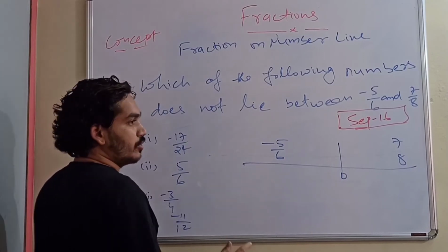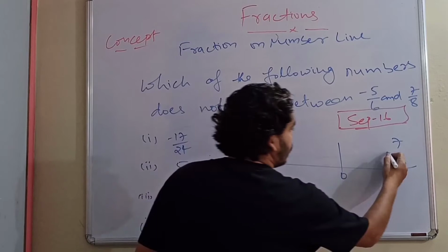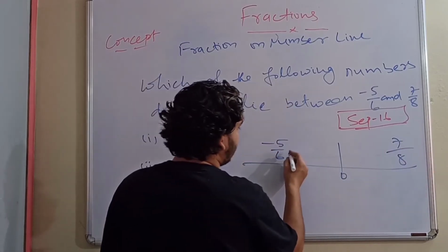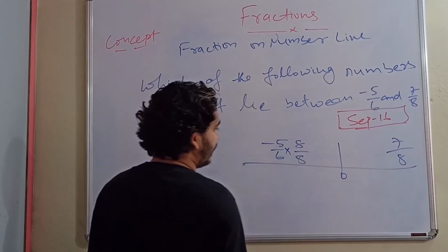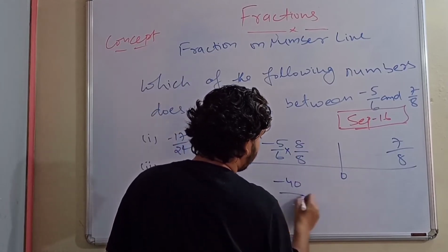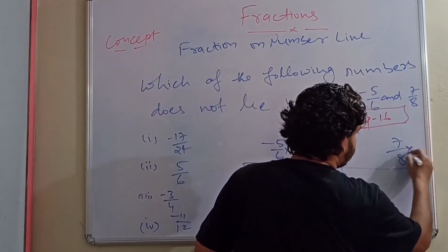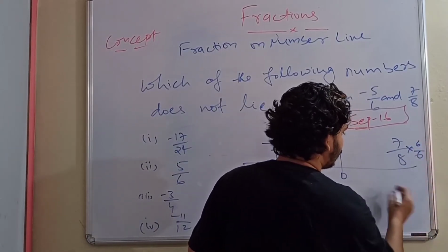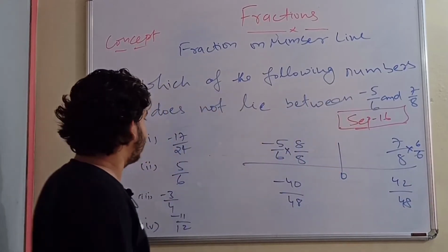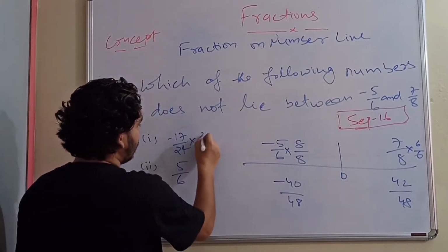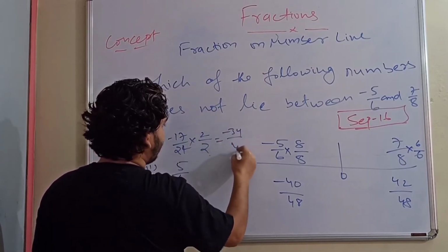Let's see. To know that, let's convert these into like fractions. So by converting into like fractions, multiplying by 8, dividing by 8, what you get is minus 40 by 48. Here, into 6 divided by 6, what you get is 42 by 48. Similarly, converting all the options, what you get is minus 34 by 48.